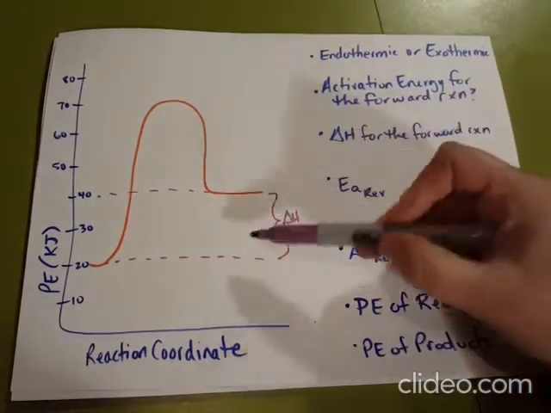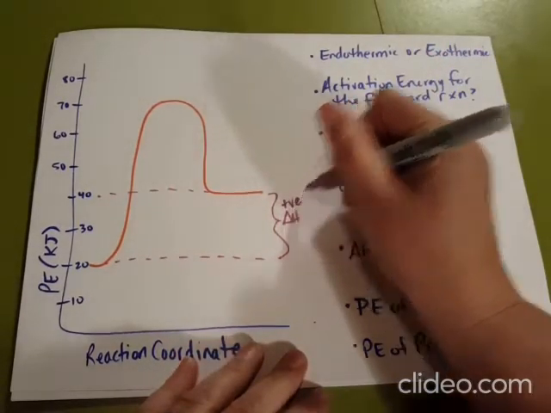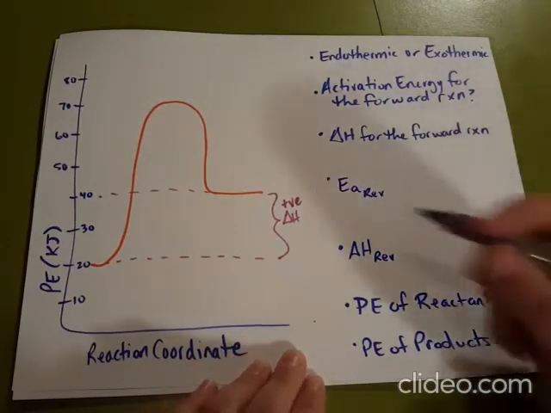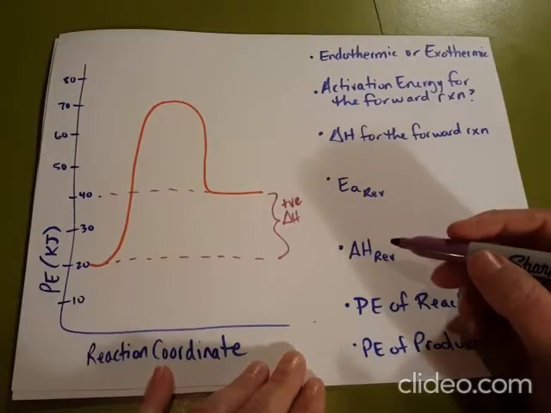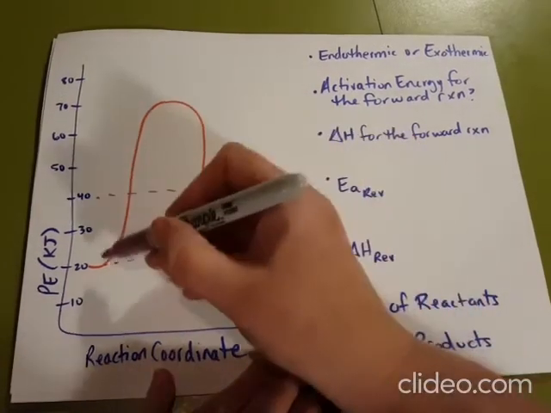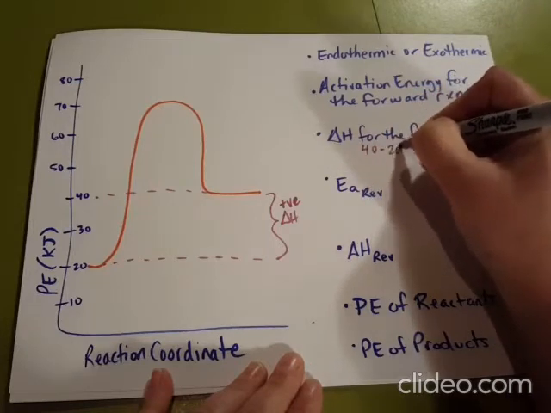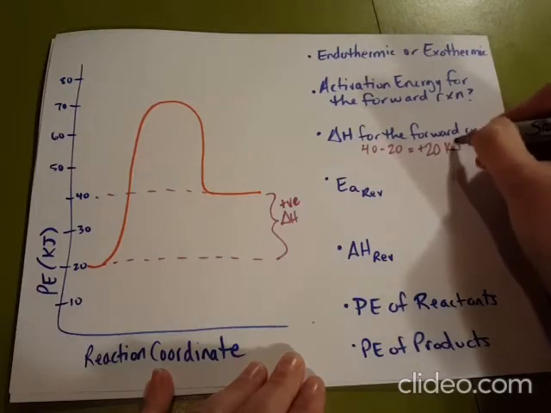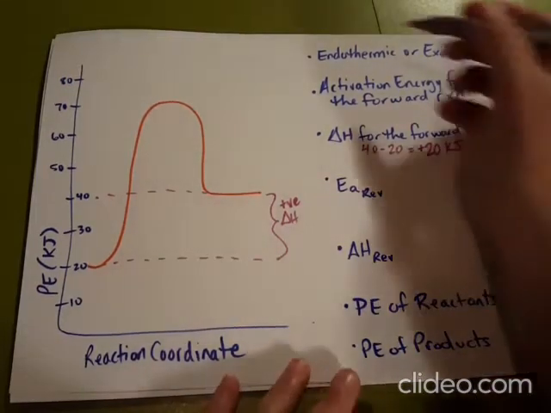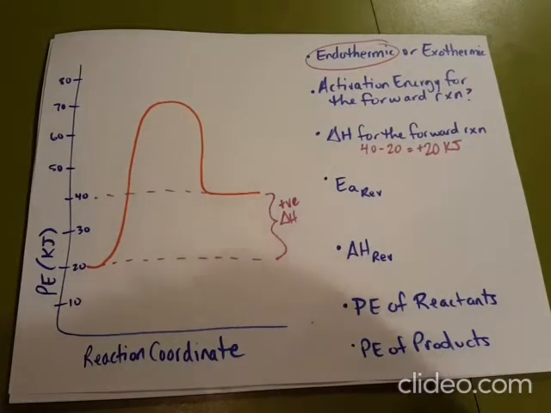So in terms of the delta H, the change itself is a positive delta H. Heat has to come into the system. In terms of the calculation, we're going to do the product minus the reactant. So 40 minus 20 gives us a plus 20 kilojoules for the delta H. And that is representative of an endothermic reaction.